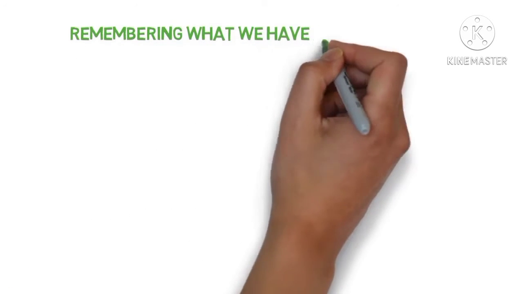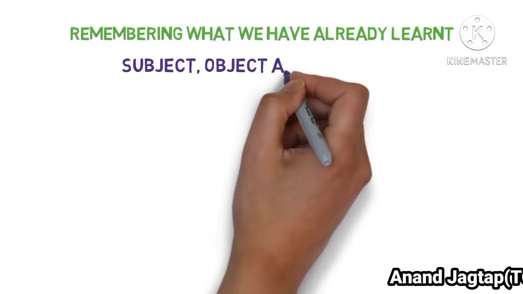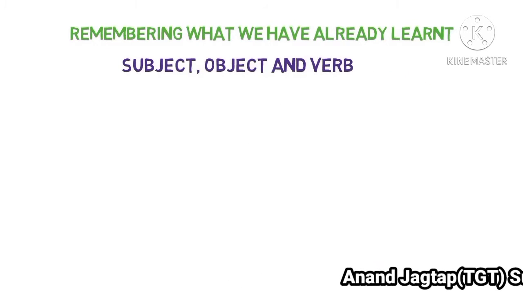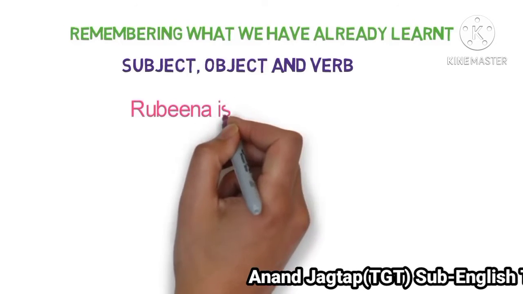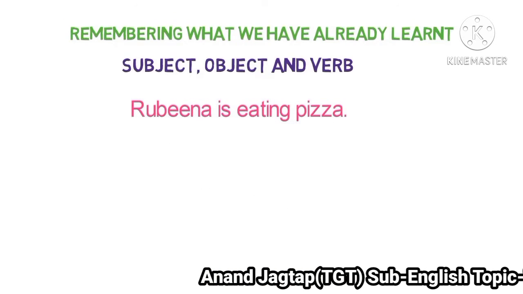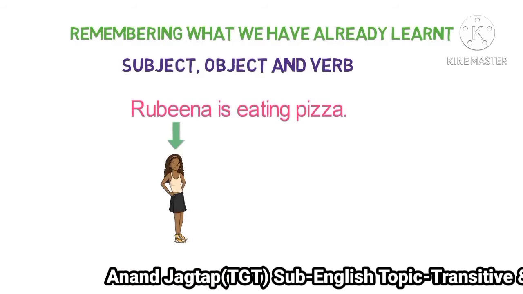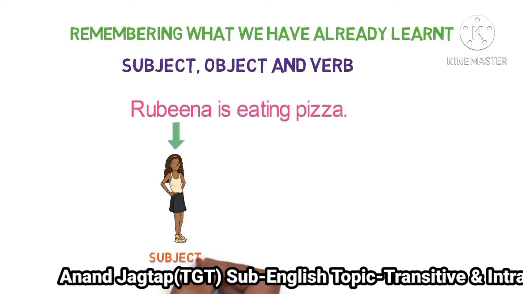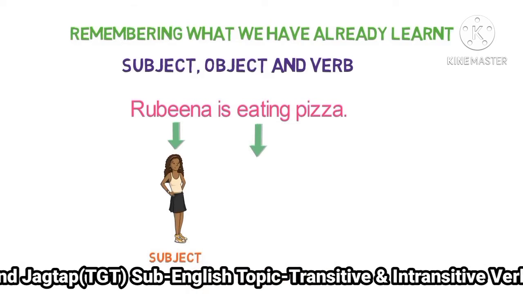Before moving further, we'll try to remember what we have learned about subject, object and verb. Let us see with the help of an example. Rubina is eating pizza. Rubina is the doer of the action, so it is subject.